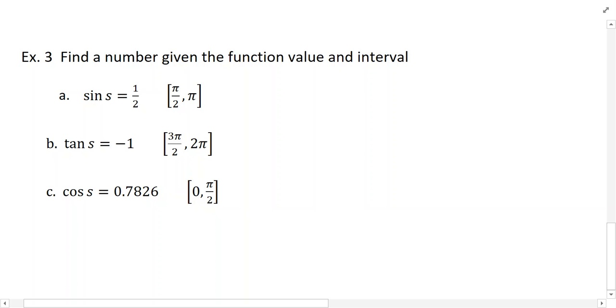I'm only going to look for angles that are in which quadrant? Second quadrant, right? I'm between pi over 2 and pi. So if pi over 6 is the reference angle, what does that angle become in the second quadrant?